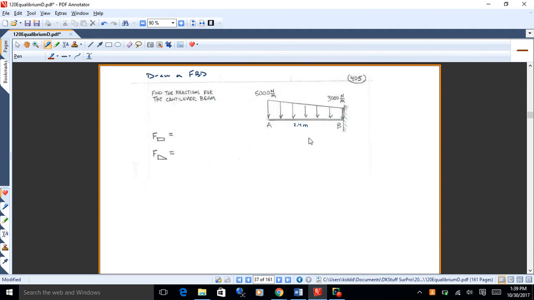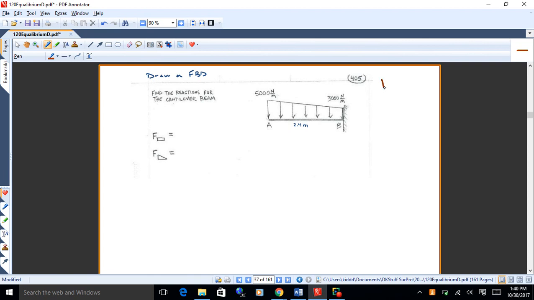So let's have a look here. Okay, we want a free body diagram of this thing. I'm on 405. Now that's a distributed load. The way you handle that is you find the area under the diagram, that's the load, and then you place that load at the centroid of the figure.